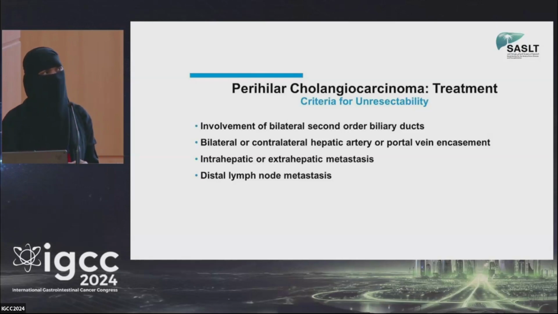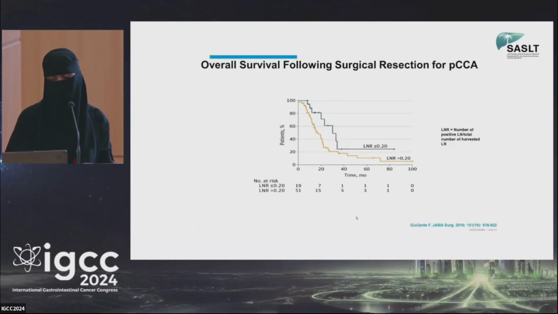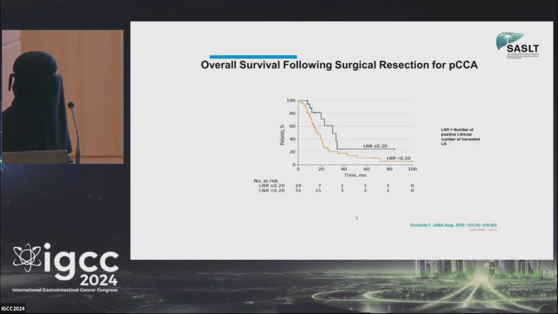Bad prognostic features for pre-hilar cholangiocarcinomas are when you have bilateral involvement, or contralateral hepatic artery or portal vein involvement, and intrahepatic extension of the tumor, or when you have stage 4 distant metastatic tumor. That makes the tumor unlikely to be resected as well.